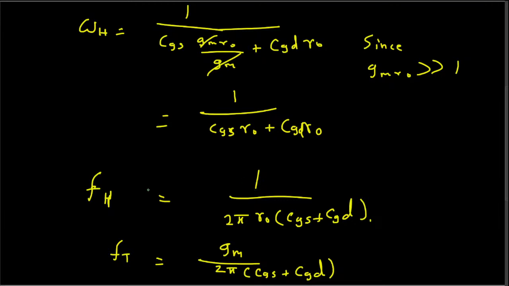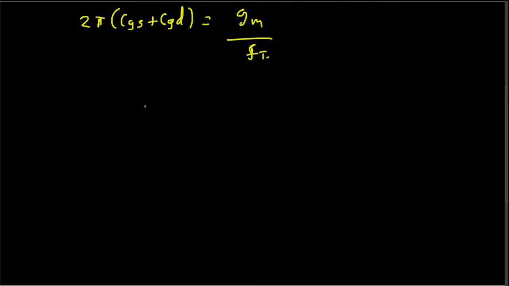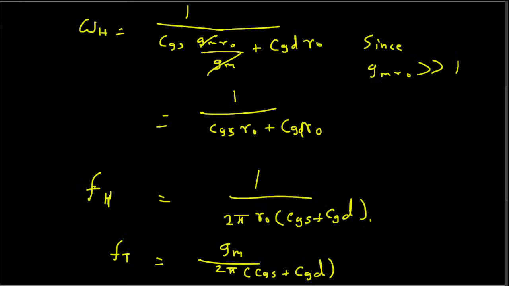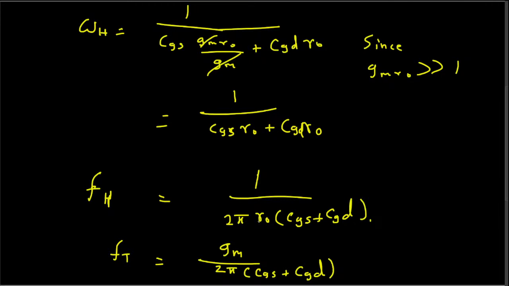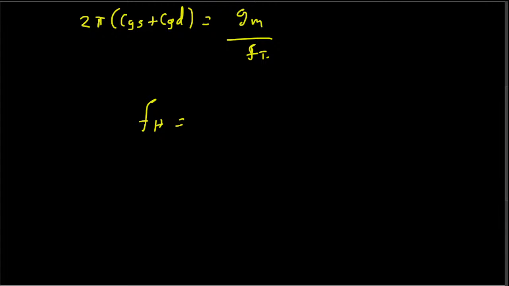So now I bring the fh equation back, and I'm comparing. Here 1 over 2 pi cgs plus cgd, instead of that I put gm over fT, but there's one extra term, ro, that still remains, so this is going to be 1 over ro times gm over fT.